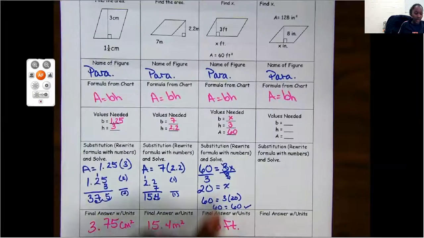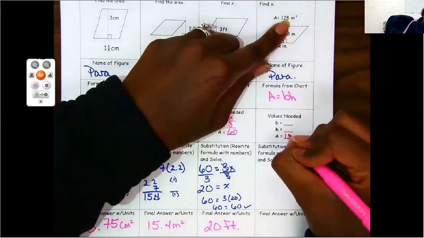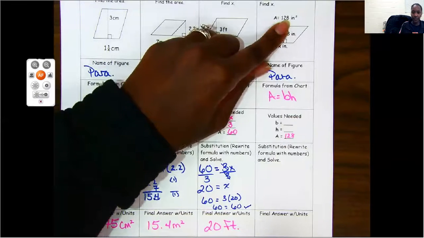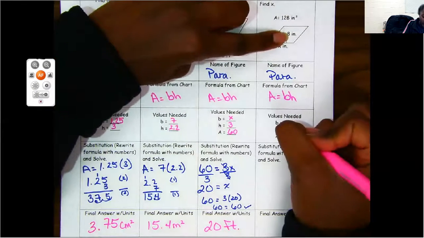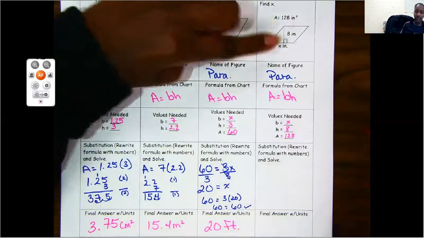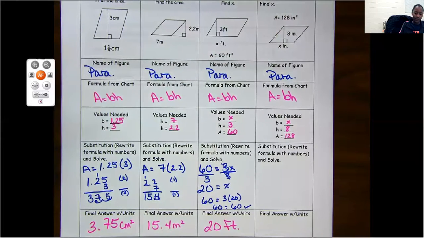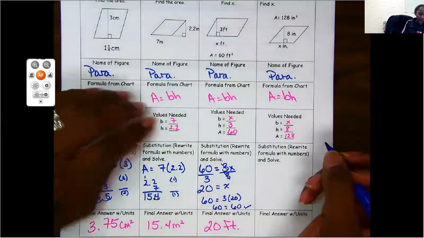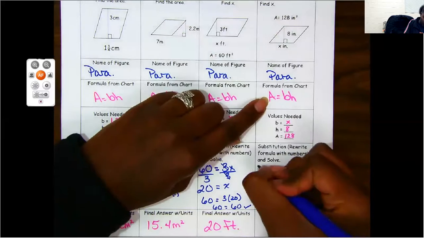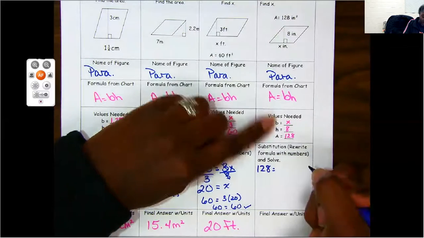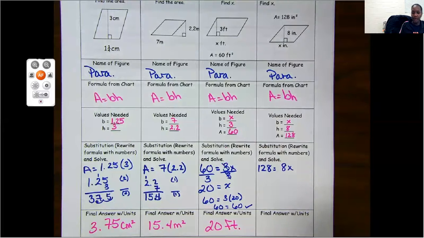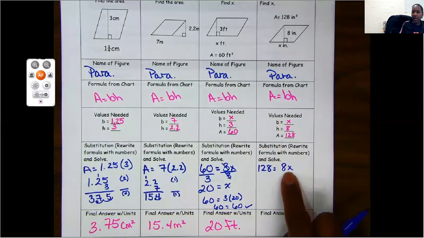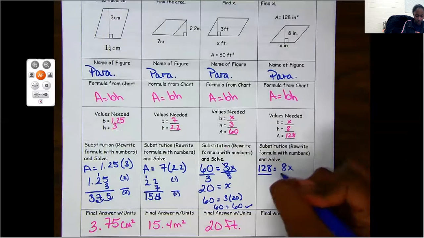All right, let's look at the last one. They tell us that our area is 128 inches squared. My height is 8. I'm missing my base again. Okay, I'm going to replace these numbers into my formula. I know what A is, so I'm going to put 128, and that's going to be equal to 8x. Okay, this is multiplication. The opposite of multiplication would be division.